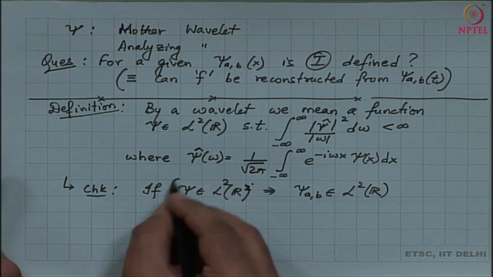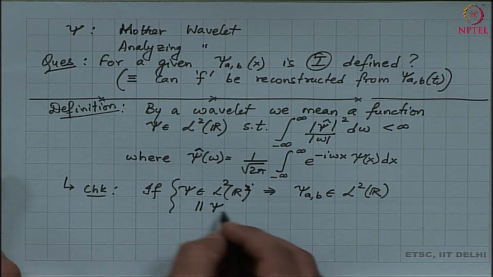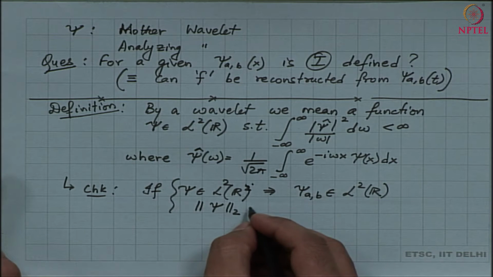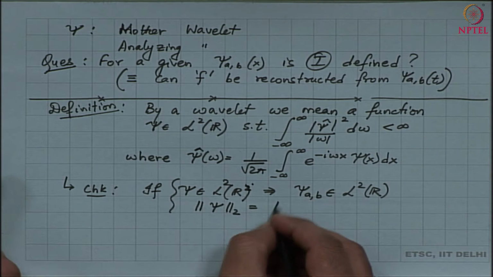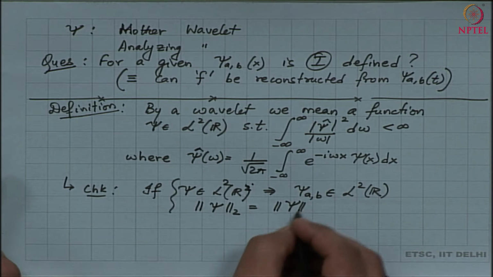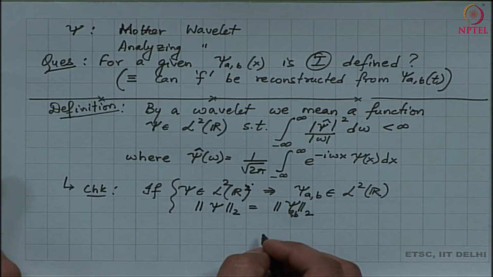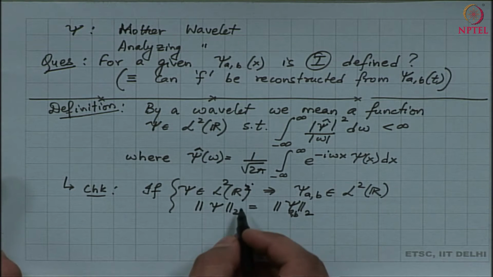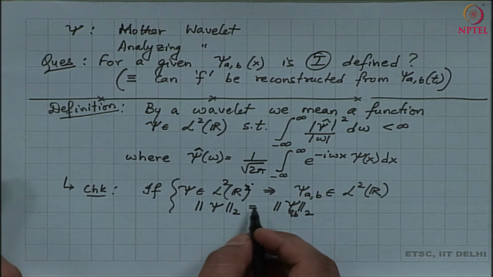What I mean to say is that the L2 norm of this function, students can check, is also equal to the L2 norm of the scaled version of this function. Okay. So, these two norms are equal in the L2 sense, in the square integrable sense.